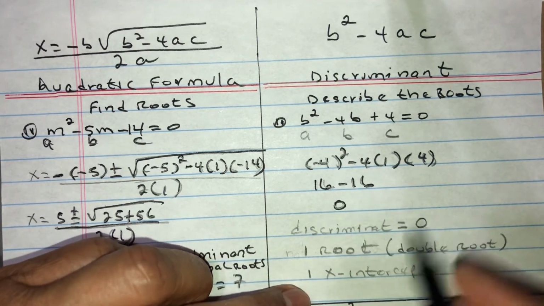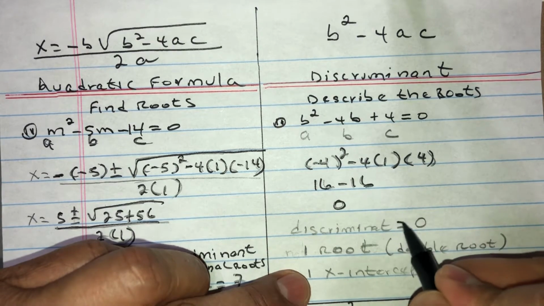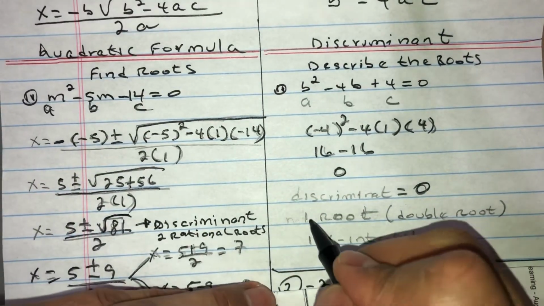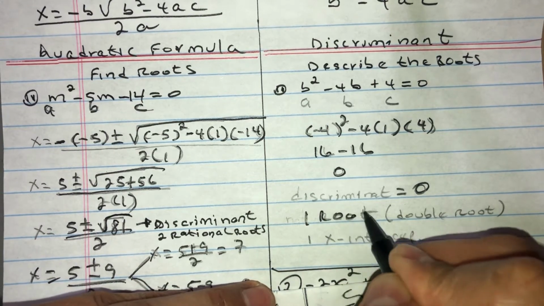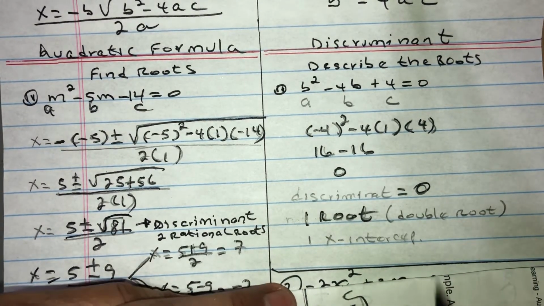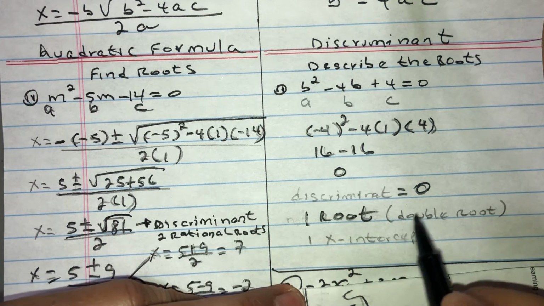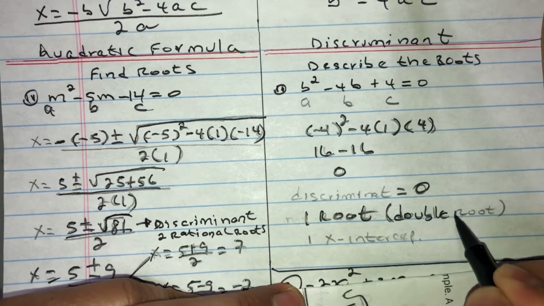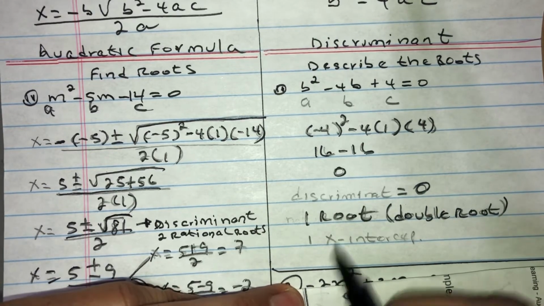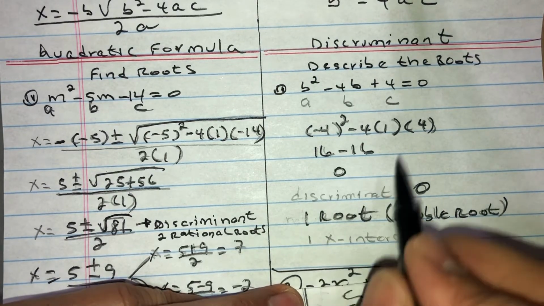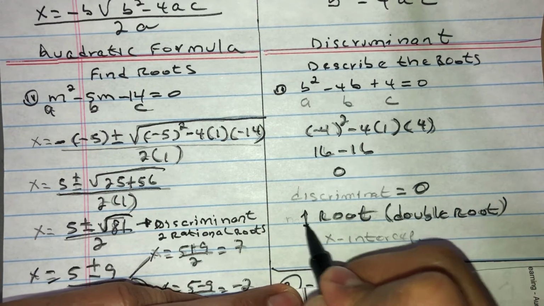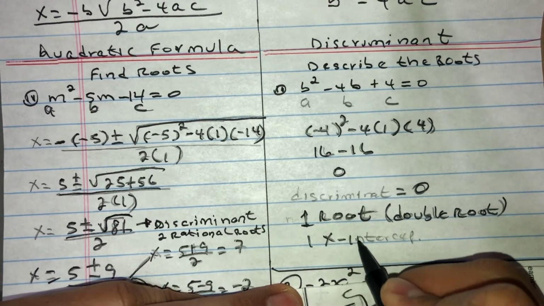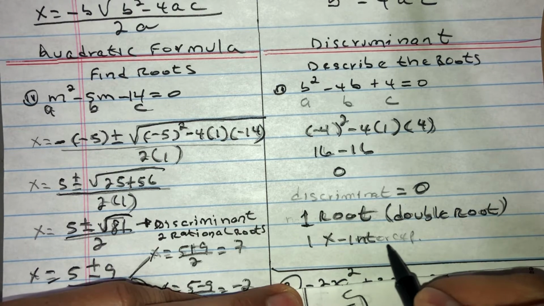So when the discriminant is 0, okay? Discriminant is 0, therefore there's only one root, because remember, that's considered a double root. Therefore, the nature of the root will be one rational root, and it will touch the x-axis just once.